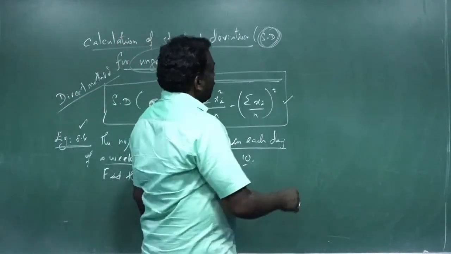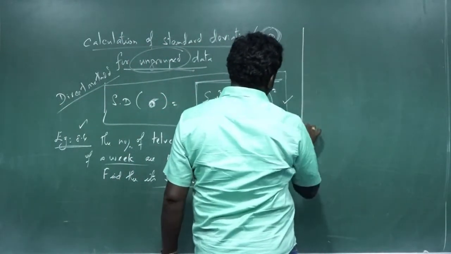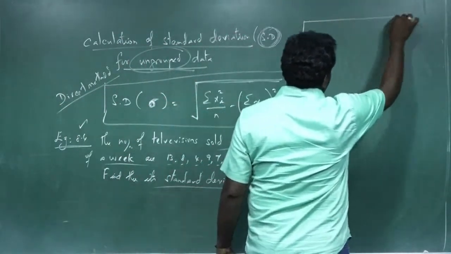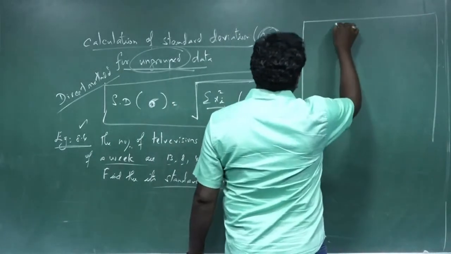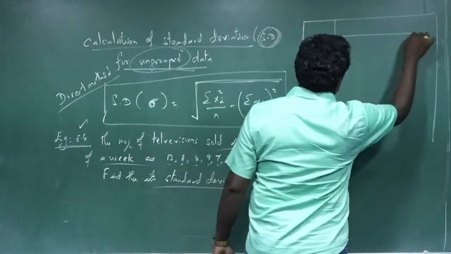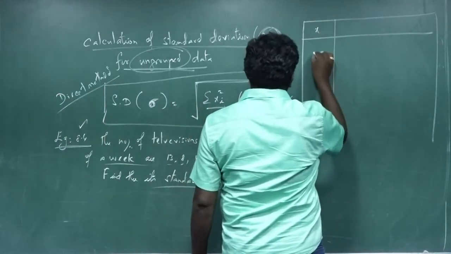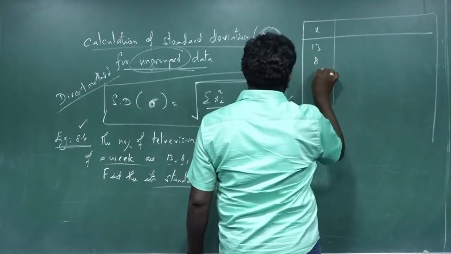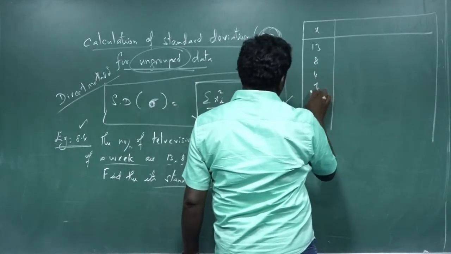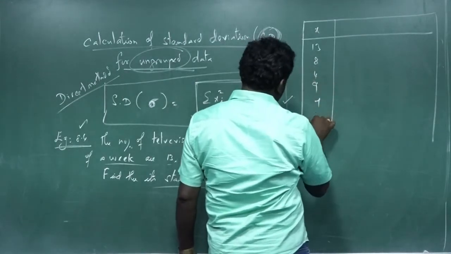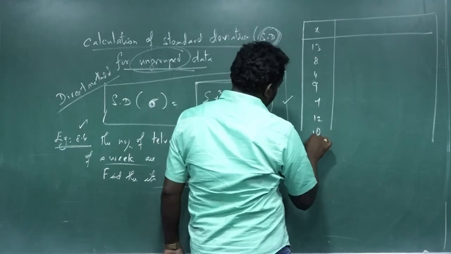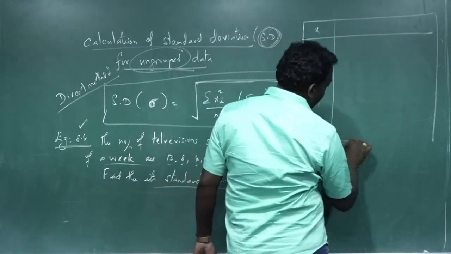So what is the procedure? We have to form a table. The X values are given: 13, 8, 4, 9, 7, 12, 10.